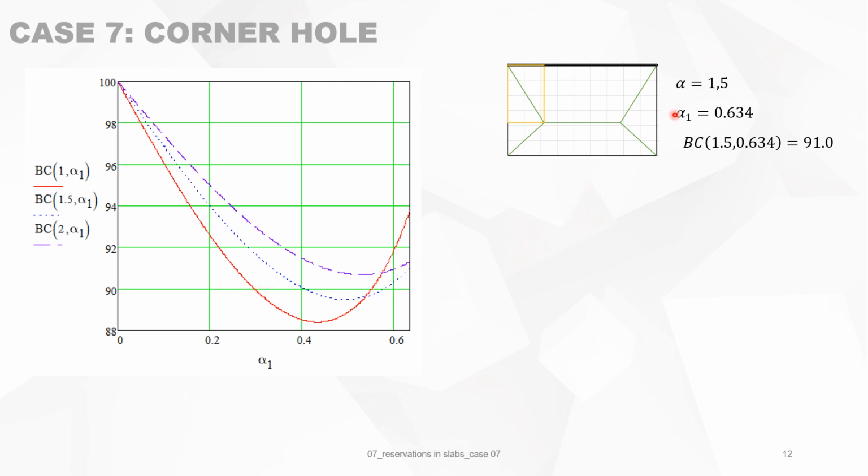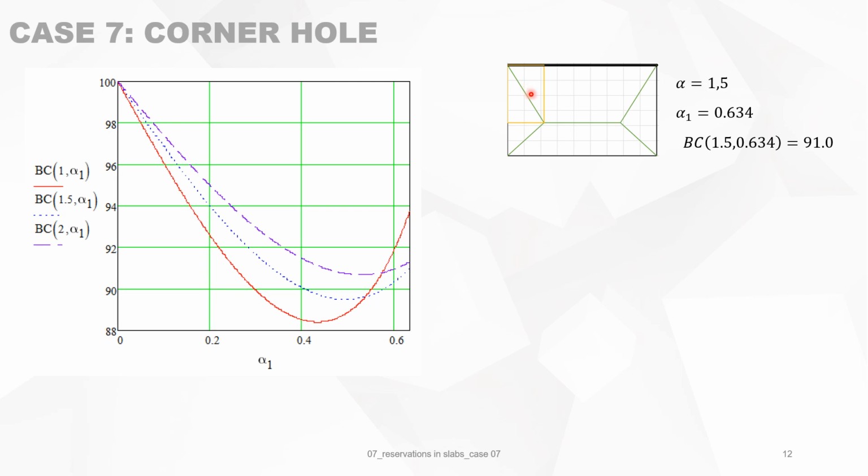Then let's look at some visualizations. When alpha is 1.5, then this side here is 2 times this side. And alpha 1 is 0.637. That means from there to there it's 0.637. It's a reservation like that. So this yield line will disappear.